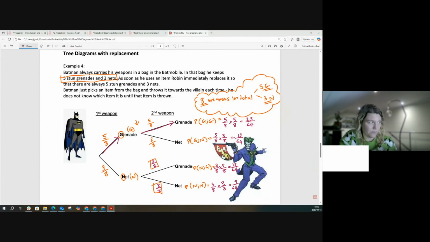The second weapon. Because all of the weapons were replaced. So the probability is going to be the same the second time. So all that this is doing is looking at a progression of things. So for example, this option here, that's saying that my first weapon was a net, and then my second weapon was a grenade. So the probability of first getting a net was 3 over 8, and getting the second weapon was 5 over 8 because they were replaced. And there were 5 grenades.